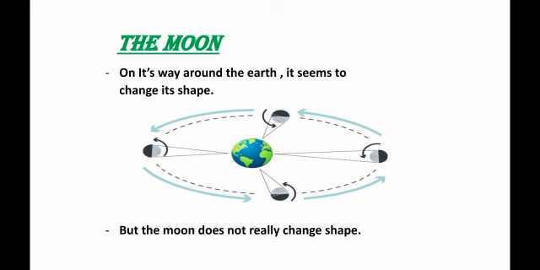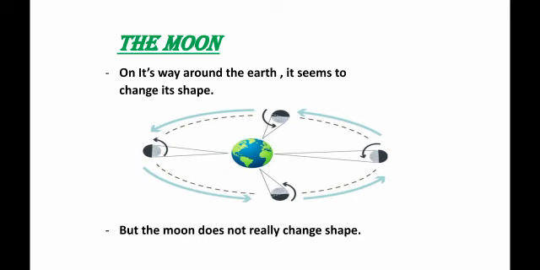So we see the part which reflects the light of the sun. So it seems to us that the moon is changing its shape, but in fact the moon doesn't really change its shape.